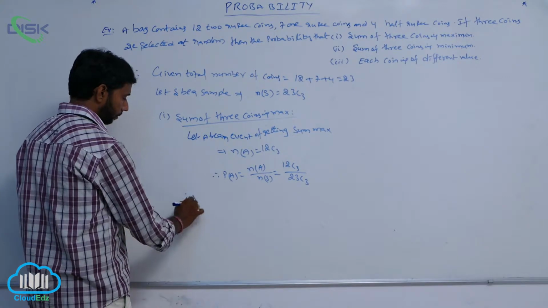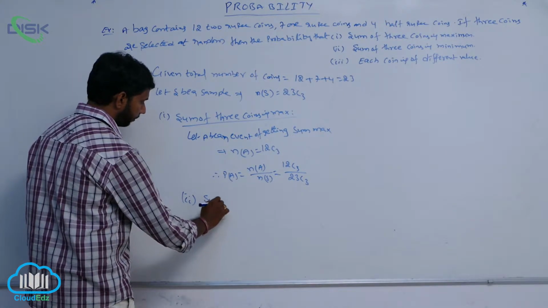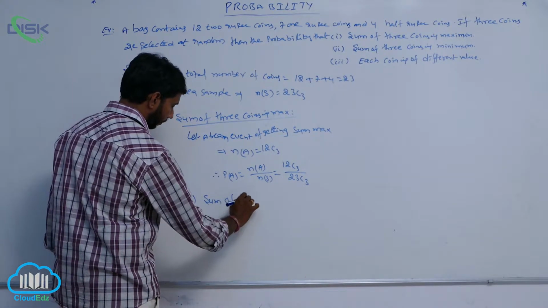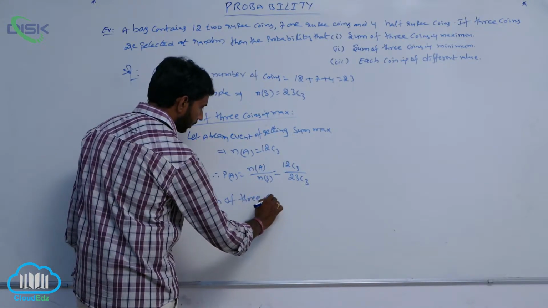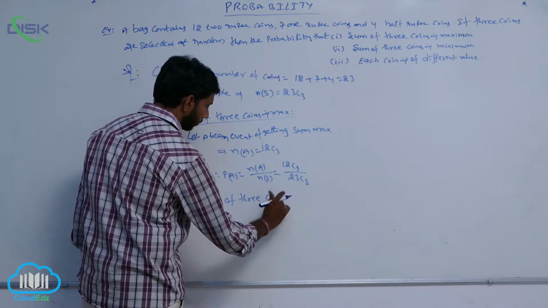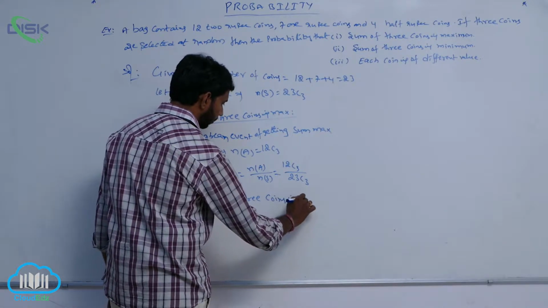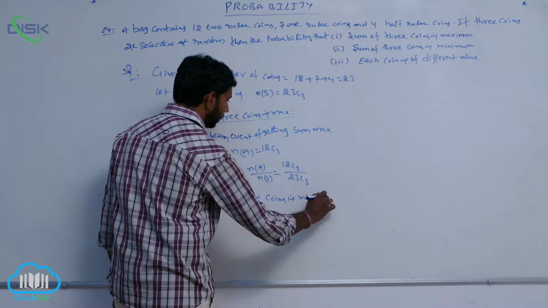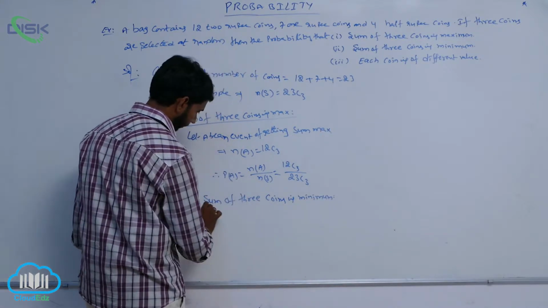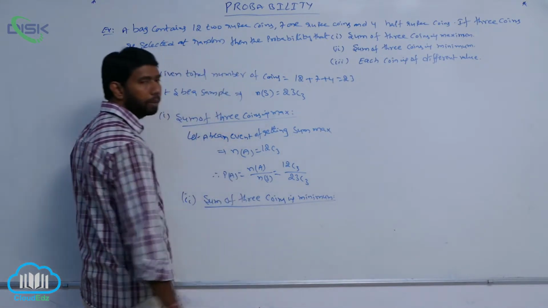And the next one is the sum of 3 coins is minimum.